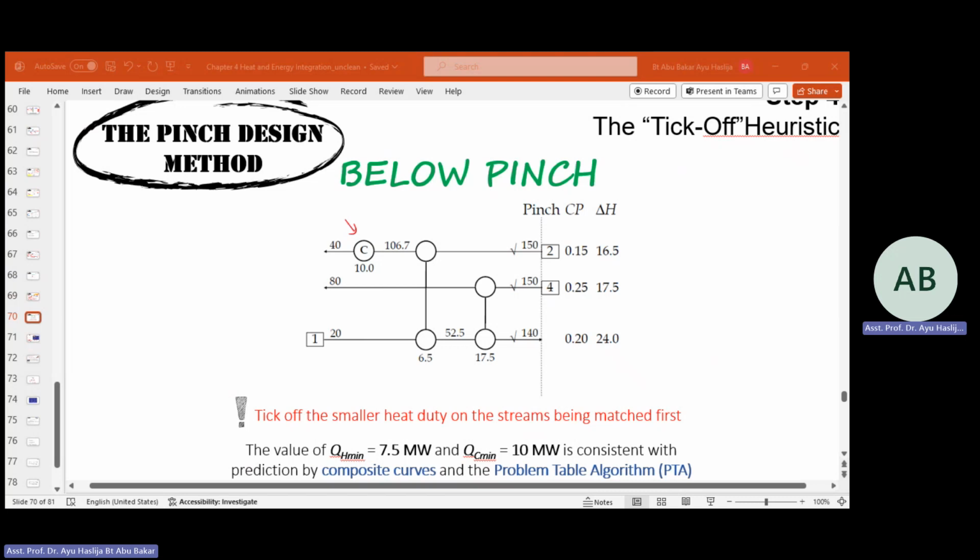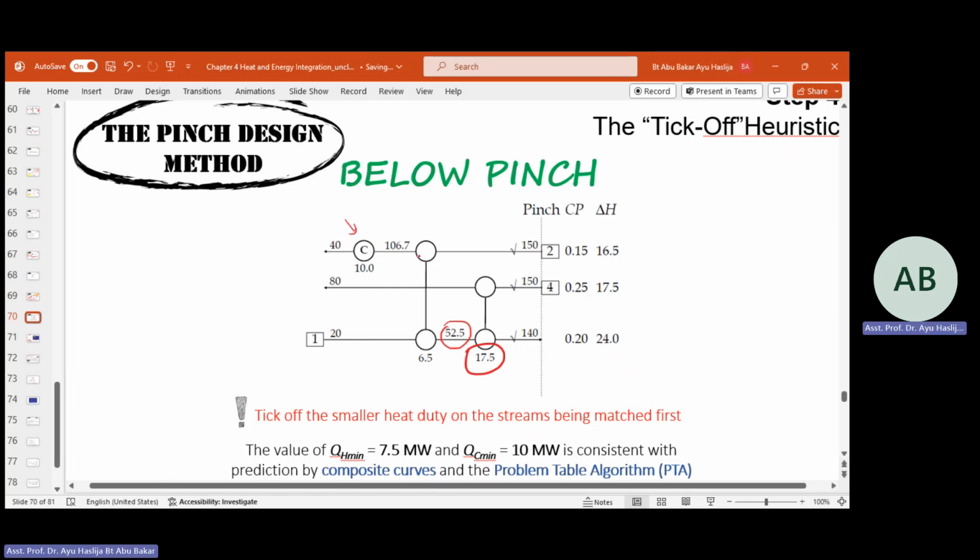Meaning that from our lecture note, from the case here, first we had exchanged stream 4 to stream 1, 17.5. Then stream 1, the temperature changed from 20 to 52. Once stream 4 exchanged to stream 1, the temperature changed, so it is not at pinch anymore, stream 1.